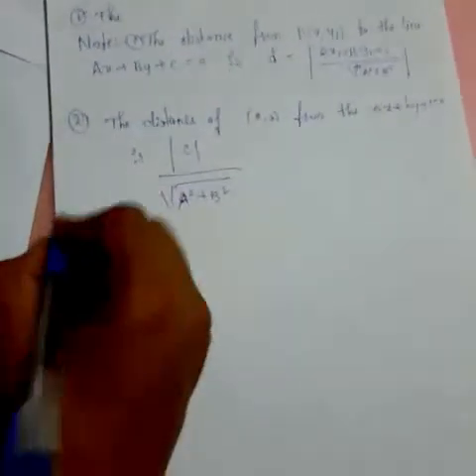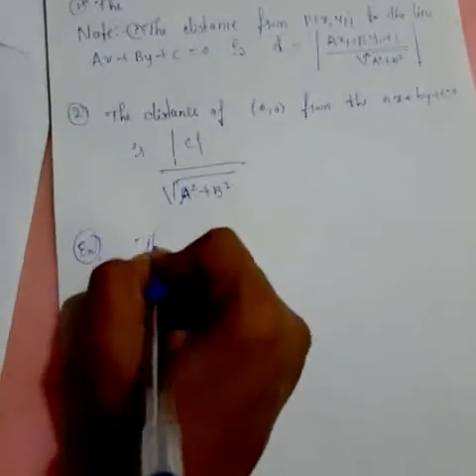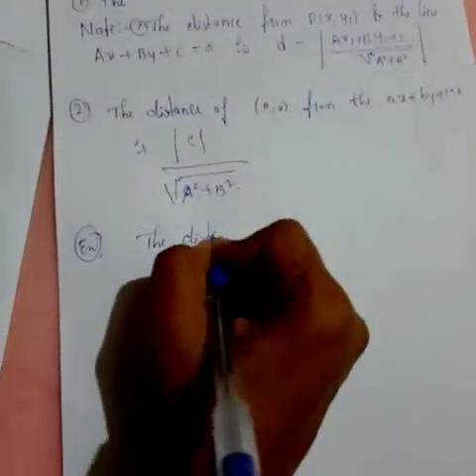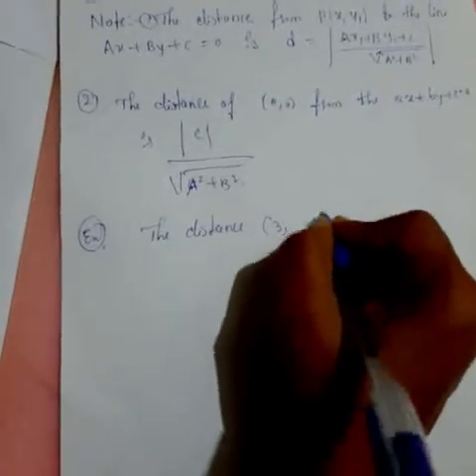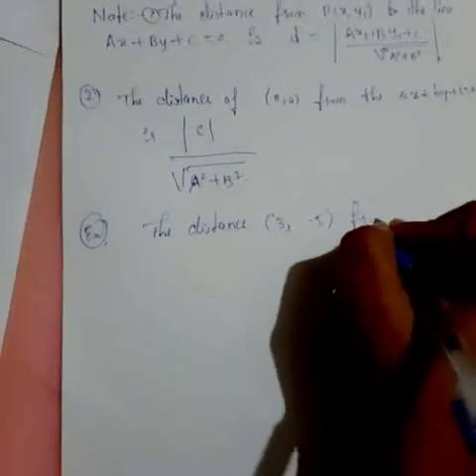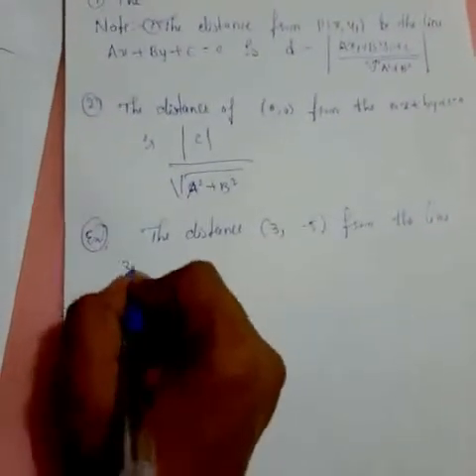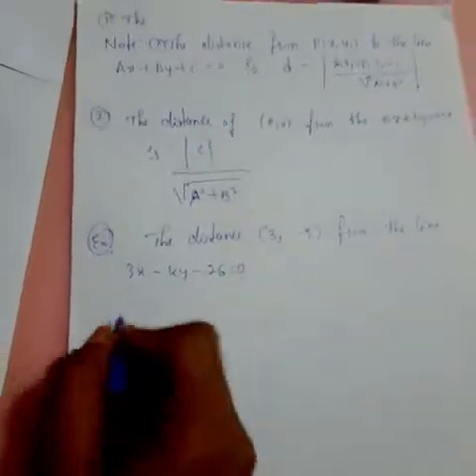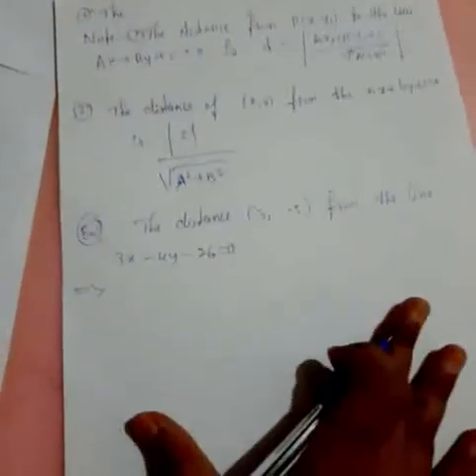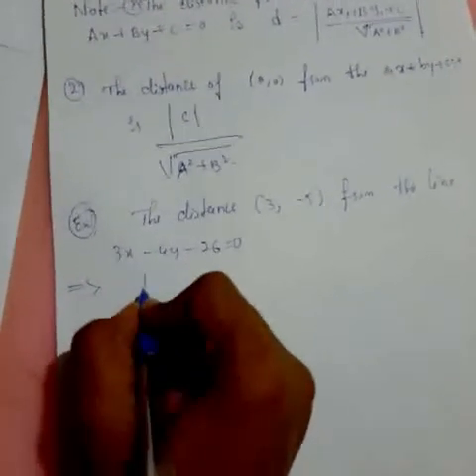Next, one example, they will ask like the distance from the point (3, minus 5) from the line 3x minus 4y minus 26 is equal to 0. See, this is very simple. Put all these values in the main formula.